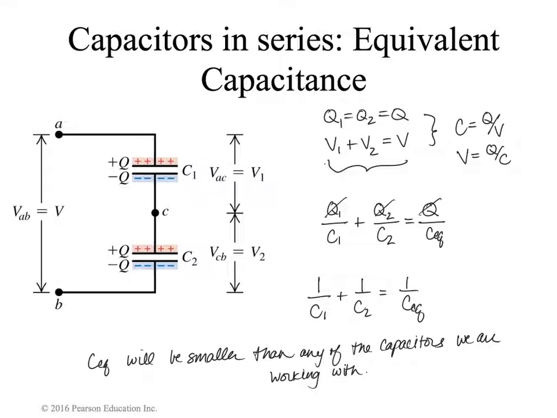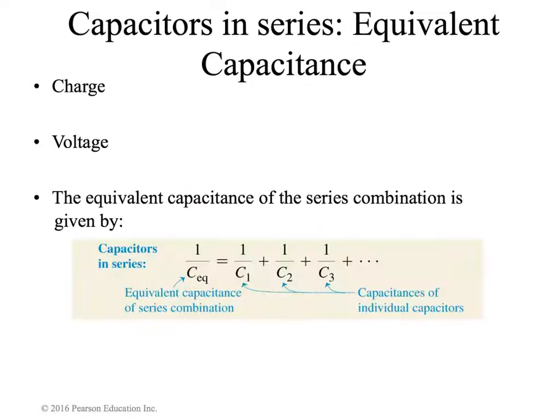So that's something we can remember: if we're given certain capacitors, but we need a capacitance that's smaller than the ones that we have, we could add them in series, and the equivalent capacitance would give us a smaller value.